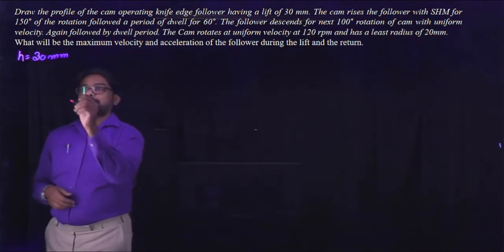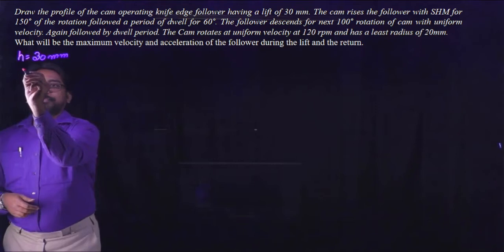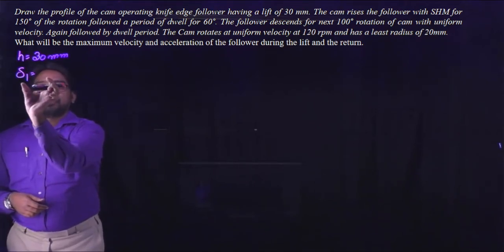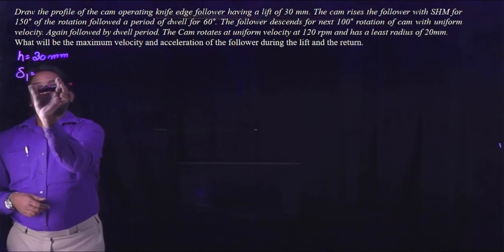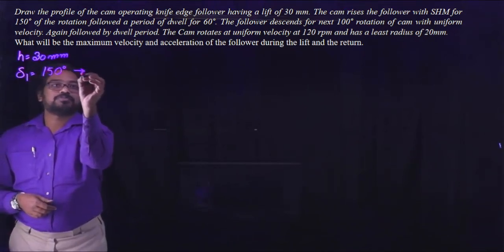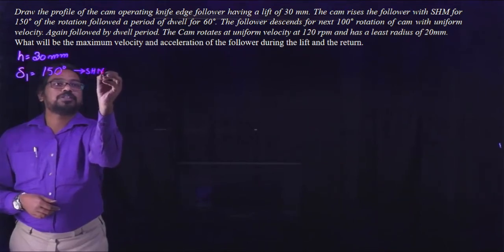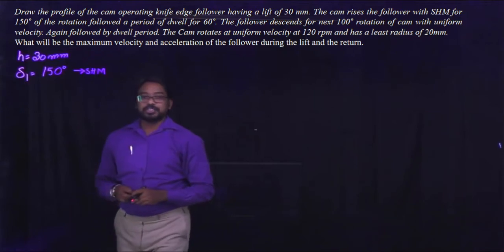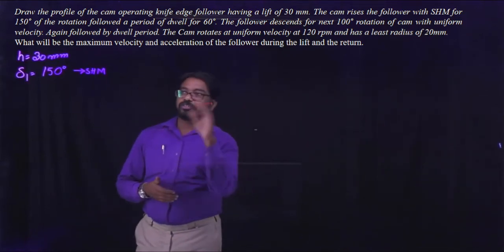So what we have is the starting period, delta 1. This is the rise of the cam for 150 degrees with SHM, simple harmonic motion. So this first phase of 150 degrees is going to rotate with a simple harmonic motion.